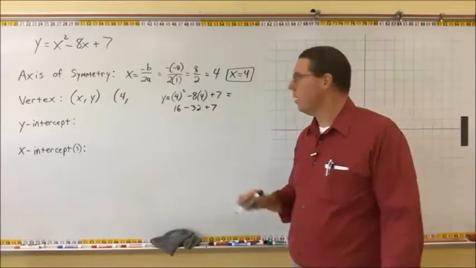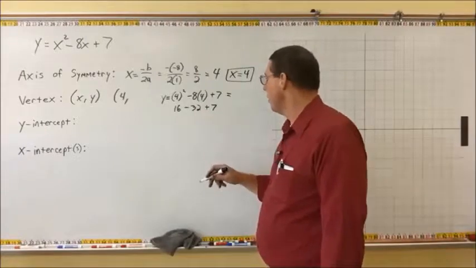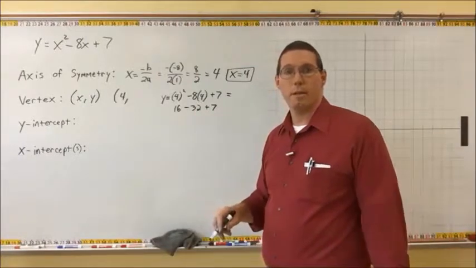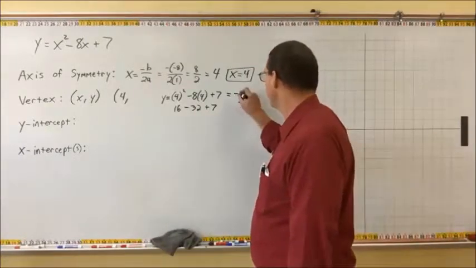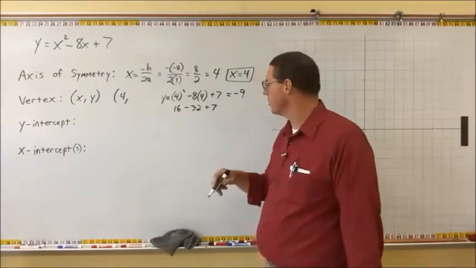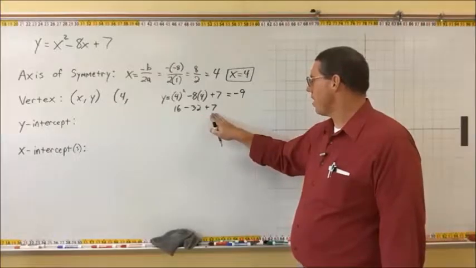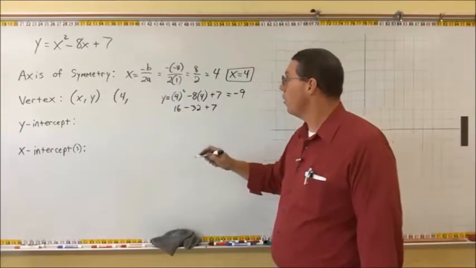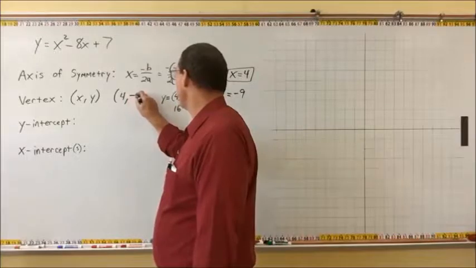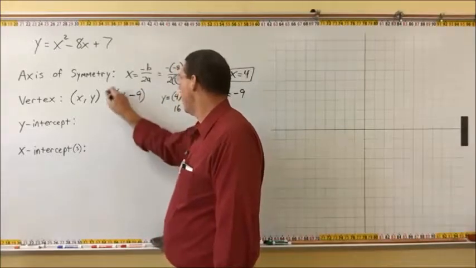That's negative 16. Negative 16 plus 7, well, that's going to be negative 9. Sorry, negative 9. I was thinking 13 for some reason. So negative 16 plus 7, that's negative 9. So our vertex is at 4 and negative 9.